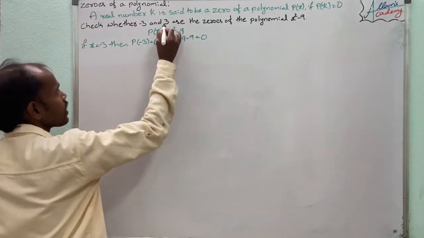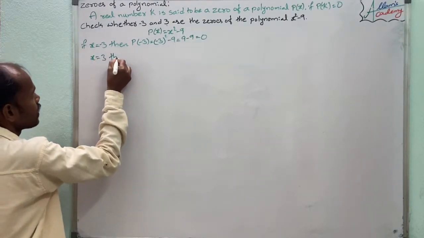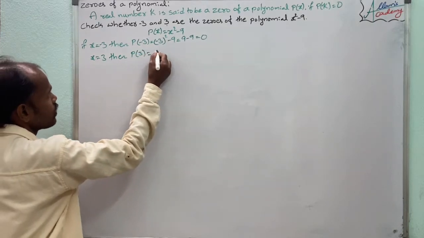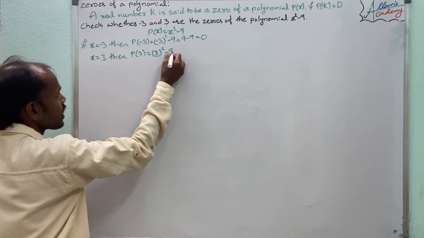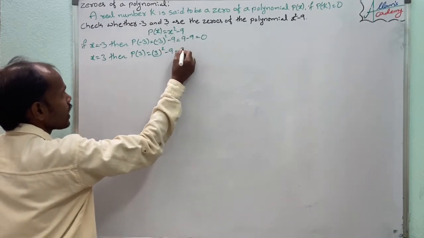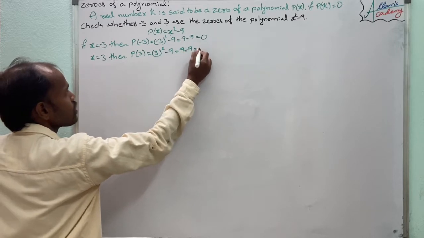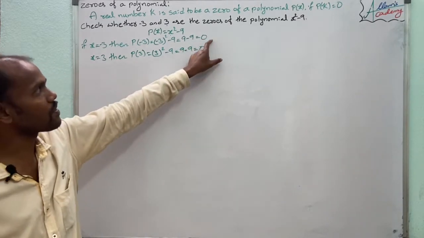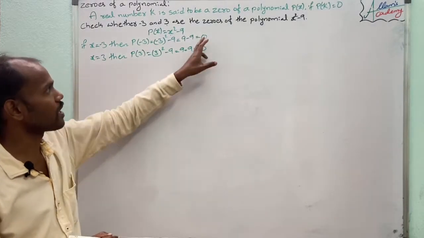Next, substituting x equal to 3. If x equal to 3, then p of 3 equal to x square, so 3 square minus 9. 3 square equal to 9. 9 minus 9 is equal to 0. So now in both cases we get the values of the polynomial as 0.